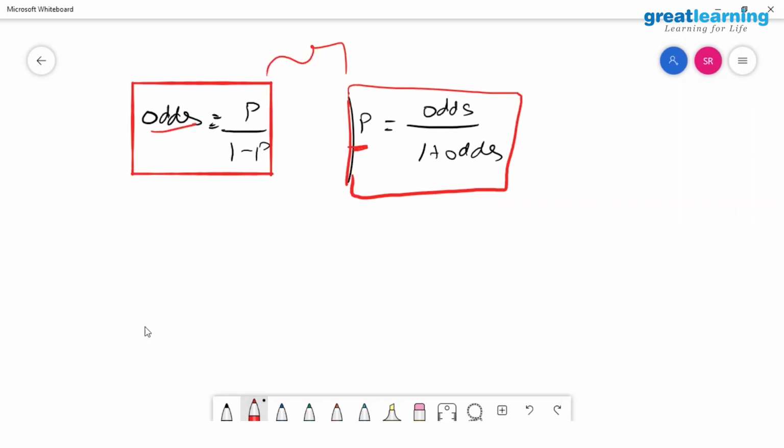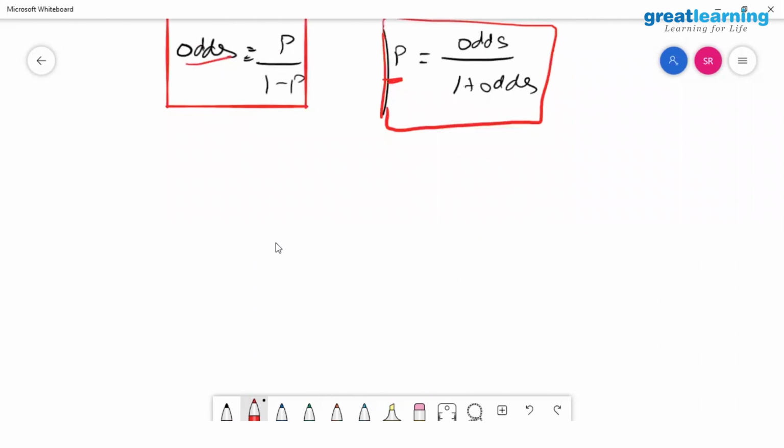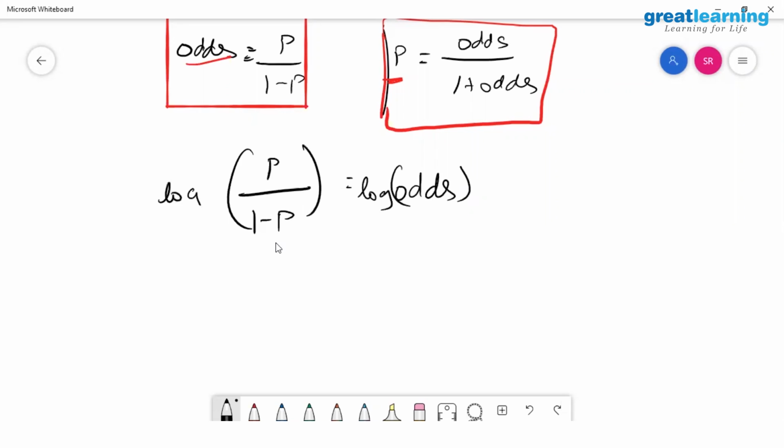Now, if I have to derive a sigmoidal function out of it, probability divided by 1 minus P is equal to odds. Let me add log to it. Log of probability divided by 1 minus probability is equal to log odds.